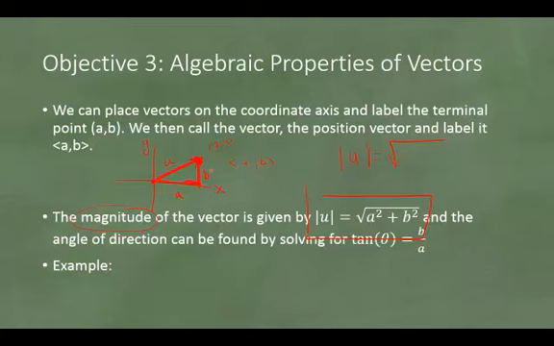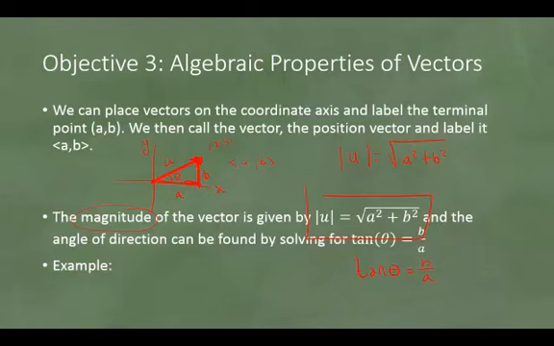That's from the Pythagorean theorem. A squared plus b squared is equal to c squared. So we're going to take the square root. And the angle of the direction, this theta here, is actually going to be given by tangent. Tangent of theta is opposite over adjacent. So it should be b over a.